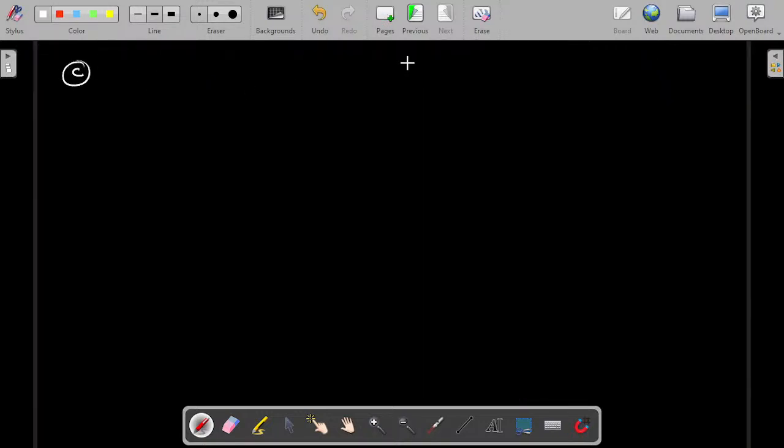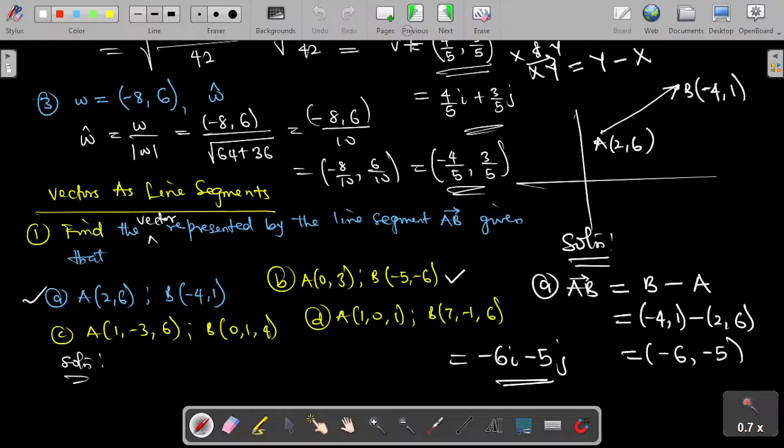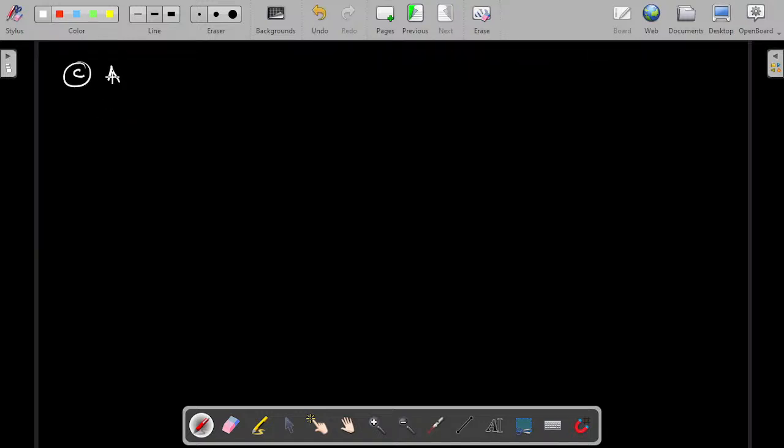All right, so we have point A, which is now 3 coordinates: (1, -3, 6). And our B is the point (0, 1, 4).